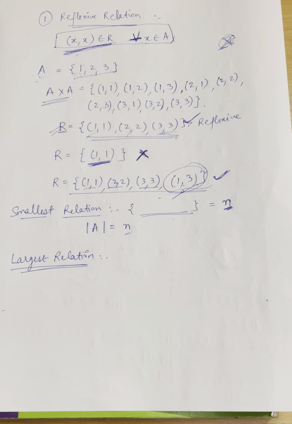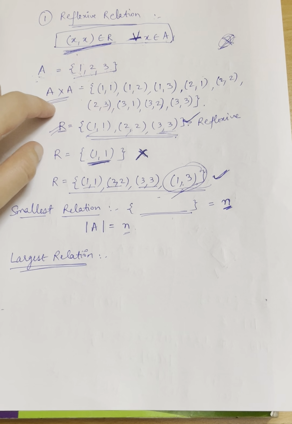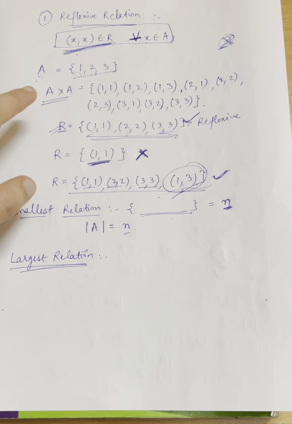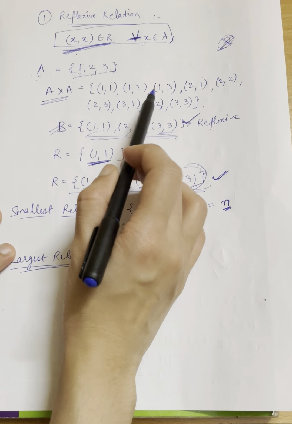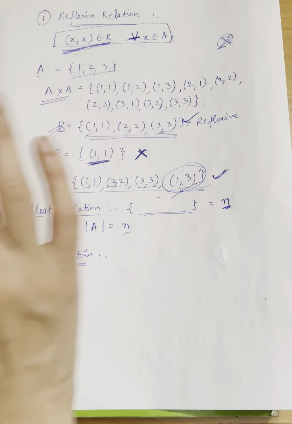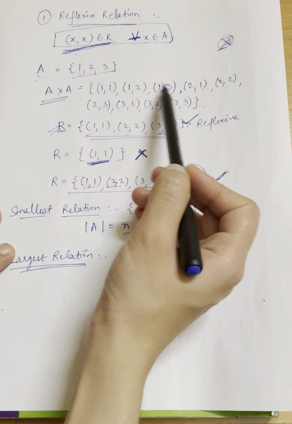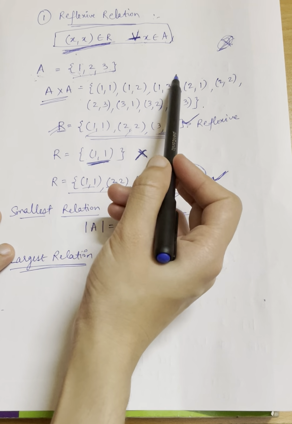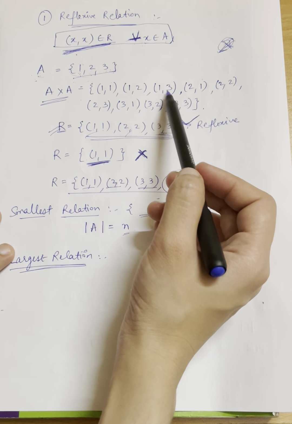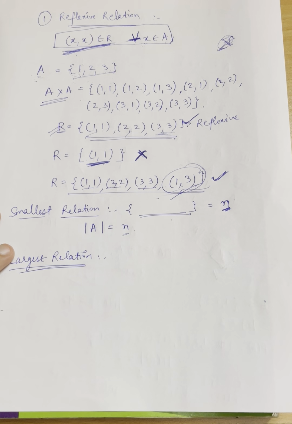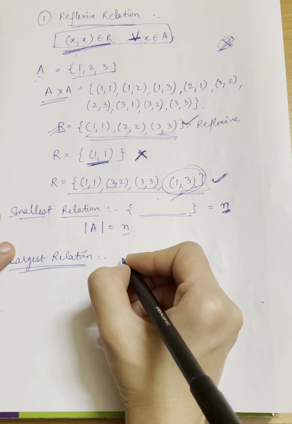If you take the Cartesian product, this is the largest relation, because it contains all the x, x pairs we need, and beyond these it also has all the other possible pairs. So A cross A is the largest relation.